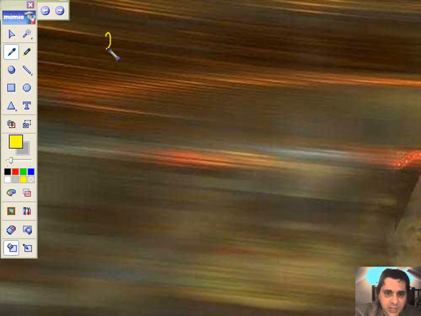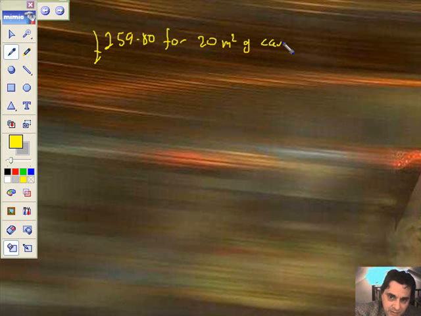It costs £259.80, and it costs that for how much? 20 metres squared of carpet. And the question says, how much does it cost for 36 metres squared of carpet? So here I go.